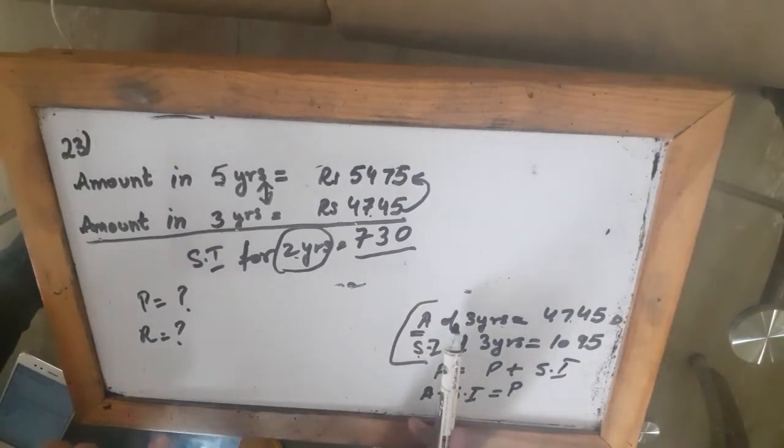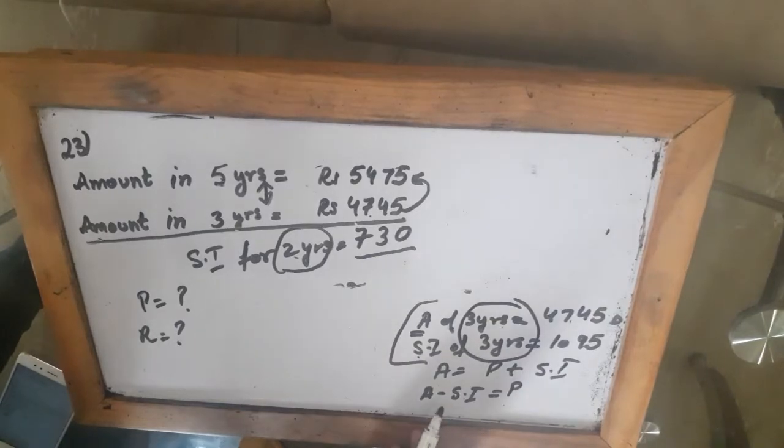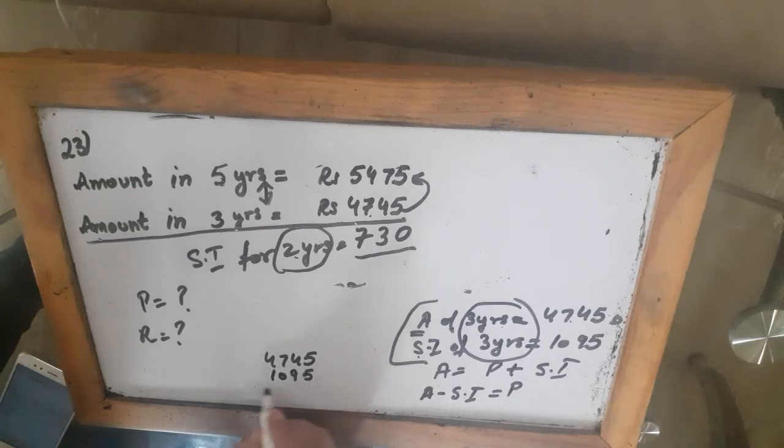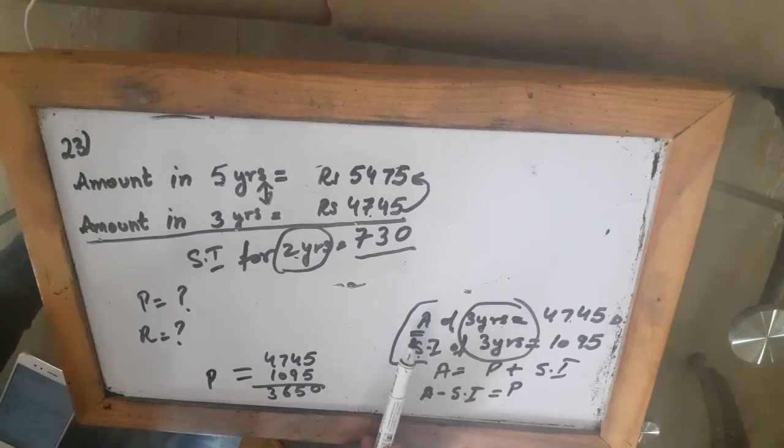I have to make the amount and simple interest of the same years, 3 years and 3 years. So the amount is 4745 and the simple interest is 1095. If you subtract, you will get 3650. So this 3650 is the principal, which I got by subtracting the simple interest from the amount.